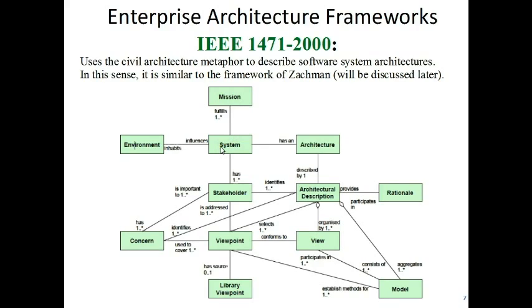The system fulfilling the mission will be deployed in a certain environment, so it is inhabiting that environment, and it's also influenced by the environment. It definitely has an architecture, and this is what we are interested in. The architecture has to be described somehow.